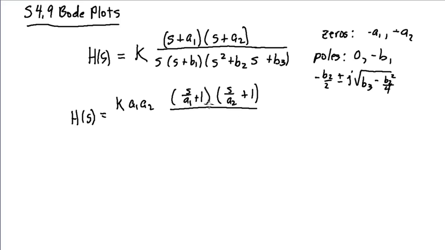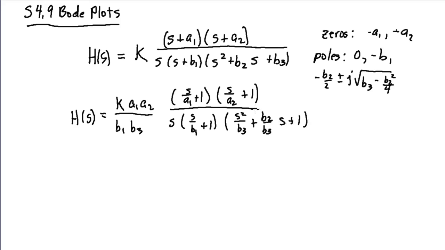And similarly in the denominator, I don't have to factor out anything for the s term, but I have to factor out a B1 and then a B3 term, so that I'm left with s over B1 plus 1, and then s squared over B3 plus B2 over B3 s plus 1. So this is the first step, factoring out these constants, so that in each of my first and second order polynomial terms in s, the constant is equal to 1.